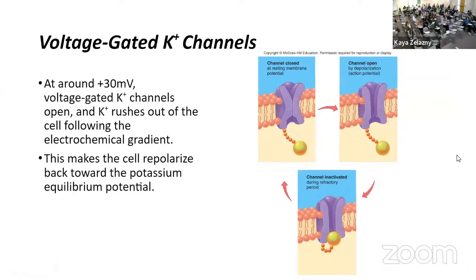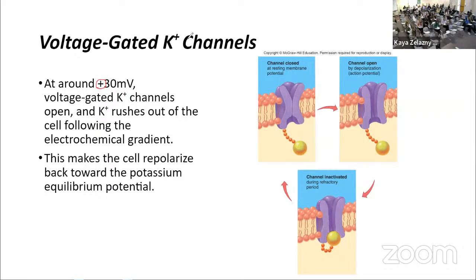Okay. So for our voltage-gated potassium channels, I like them better because they have only one gate that we have to worry about. All right. So for our voltage-gated potassium channels, what we have happening is that around positive 30 millivolts, so this is a different number we're interested in, this is not threshold. This is actually going to be the peak of our action potential.